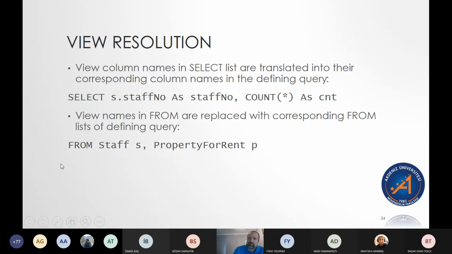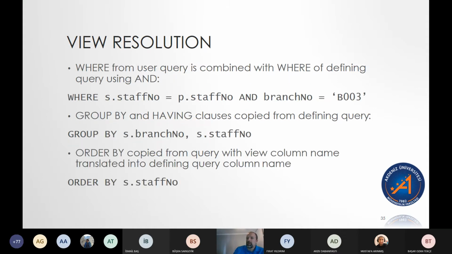What we're going through right now is what happens in the system. How does it resolve this query? How does it give us the data that we're looking for? Then the where clause from our user query, this branch number, is combined with the where clause of the view query, this part here, and we just put an and between them.